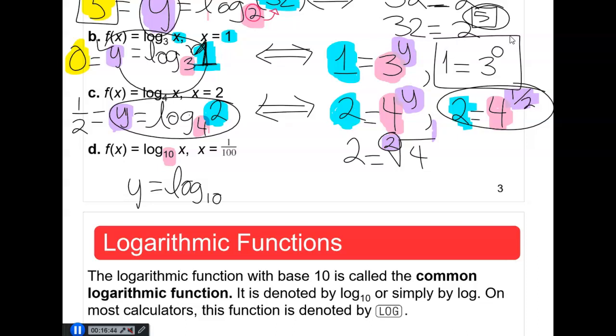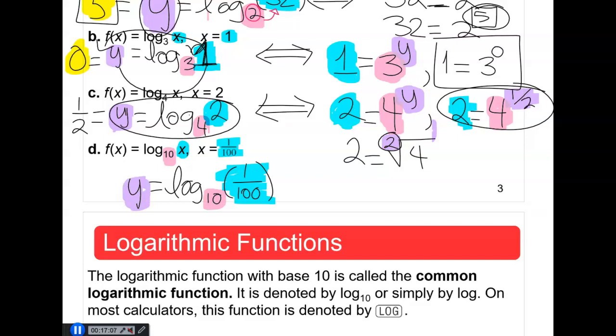And here we're going to replace x with 1 over 100. So that will be the argument, and 10 is the base. And here y is going to be the exponent.